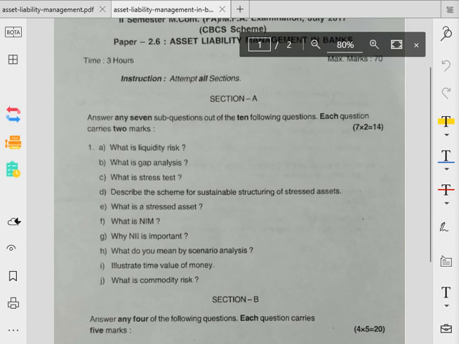And the next one is the Scheme for Sustainable Structuring of Stressed Assets. The Reserve Bank of India has issued guidelines for this scheme, S4A, which stands for Scheme for Sustainable Structuring of Stressed Assets. S4A is an optional framework to manage bad loans. The scheme is the latest measure taken by the RBI to tackle stressed assets.